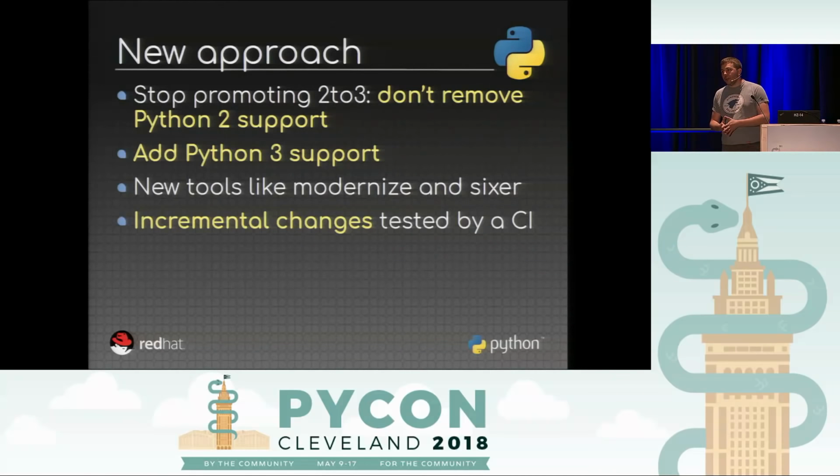To port your code to Python 3, we saw that the first approach didn't work. So we came to a new approach, which is to stop promoting Python 3 only, which removes the Python 2 support. The new approach is very simple: add Python 3 support.